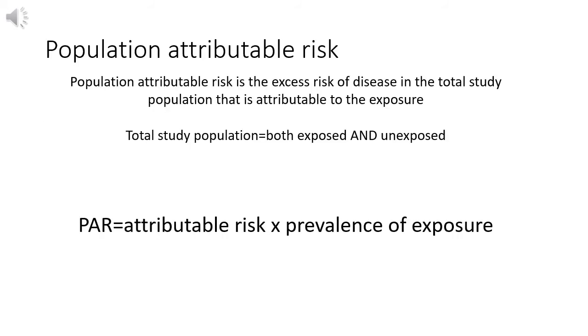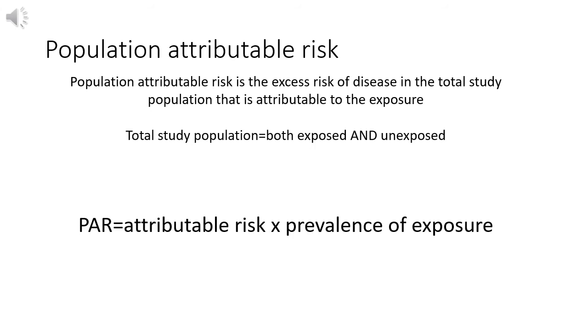So far, we talked about attributable risk, which only concerns the exposed group. So it can only tell us, if we remove the exposure, how many cases of disease could be prevented among the exposed. But often, we are interested in the potential impact on the whole population.